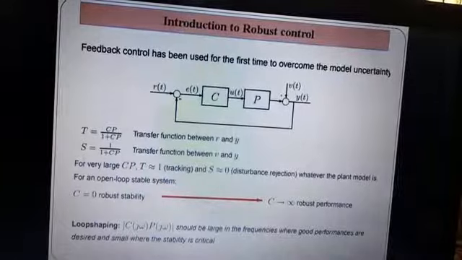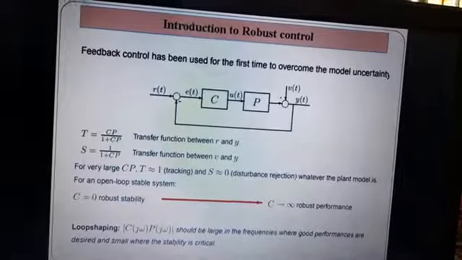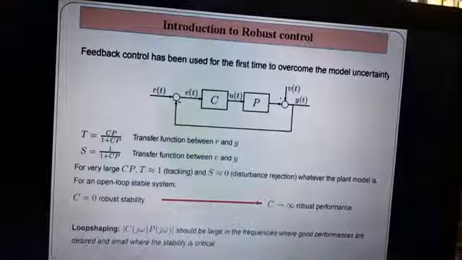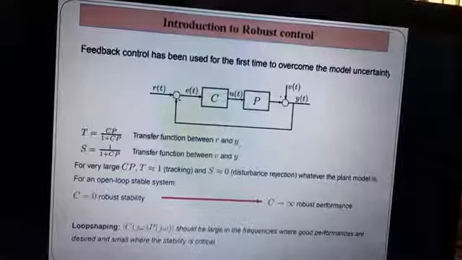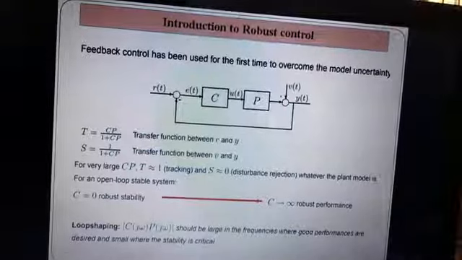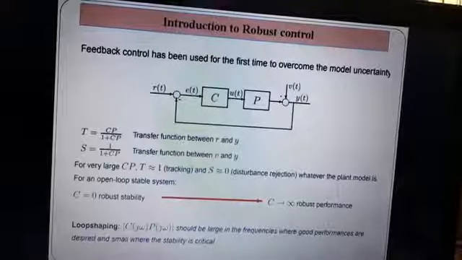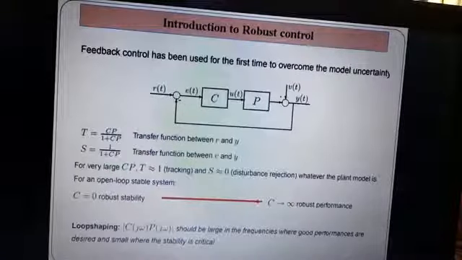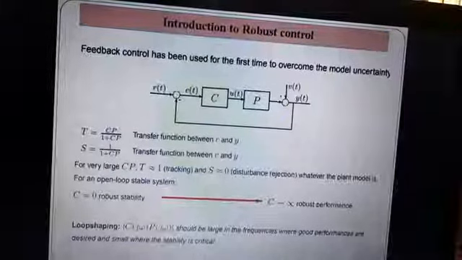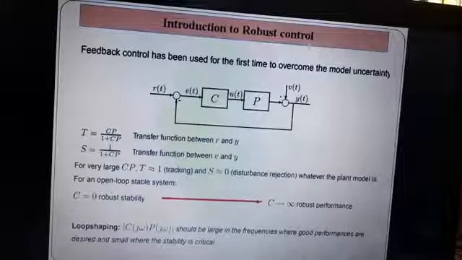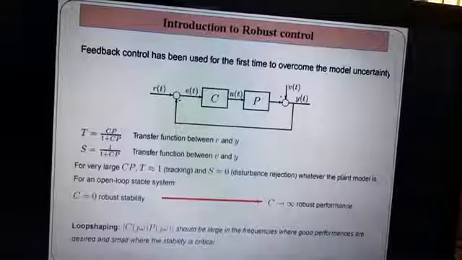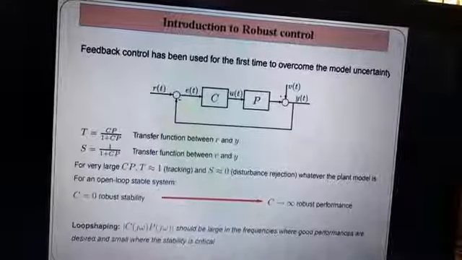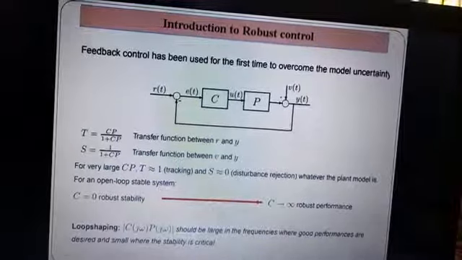Whenever you mention that your system is robust or your designed controller is a robust controller, you need to mention whether the system is robust in terms of disturbance rejection, or in terms of attaining robust tracking performance, or whether your system is attaining robust stability.